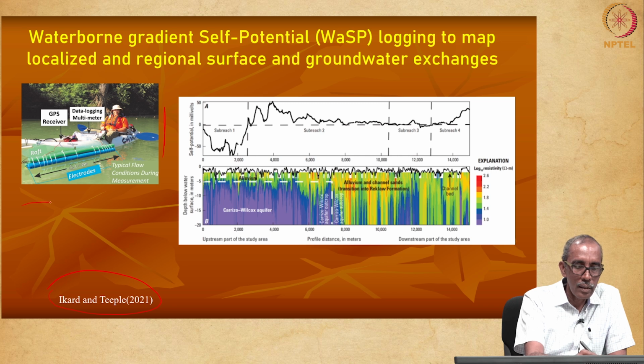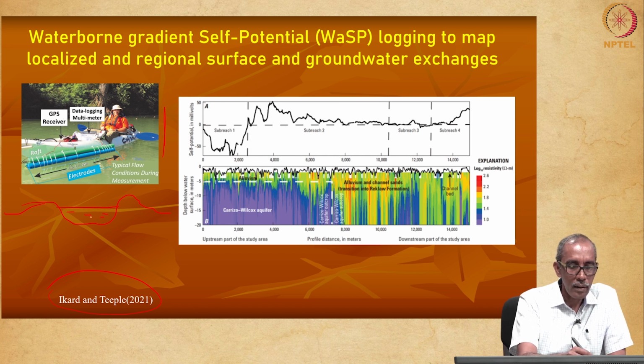Suppose I draw the cross section of a river something like this, right. Here is the river water, this is the land part, and this is groundwater.